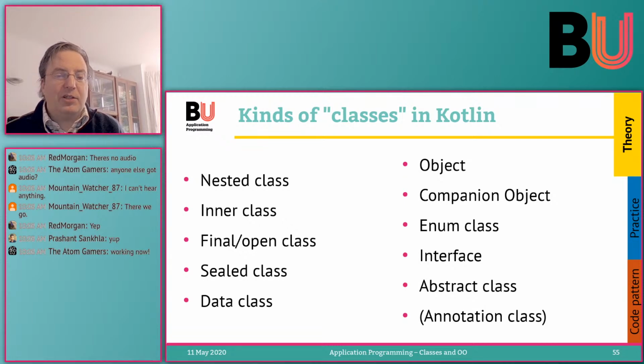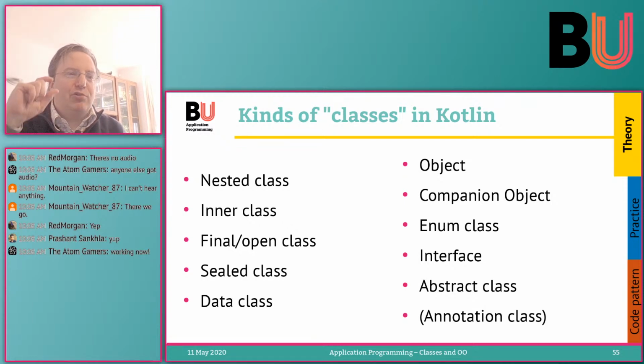A sealed class is a type that can only have children within the same file. It's a Kotlin concept. And that allows you to control which children you have, and it therefore also allows you to have an enum that checks for every possible subtype. In the assignment you saw this for the player type.